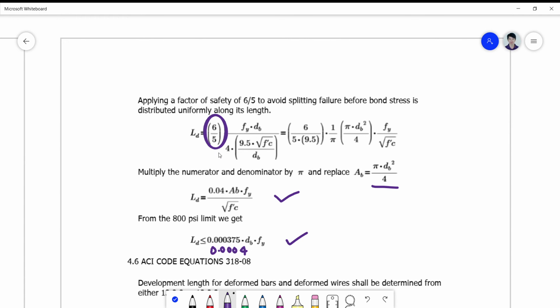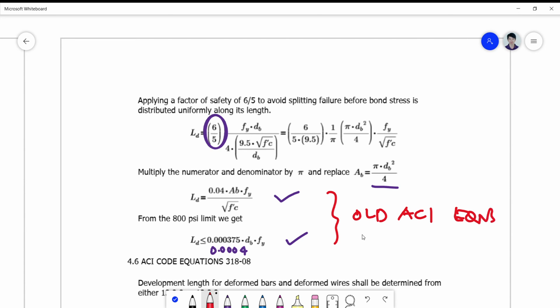With the 6 over 5 there. So, but these are old equations, class. But if you want to use this, you can still use this because they are the basic equations that the new equations today are derived from. Okay, so these are old ACI equations.